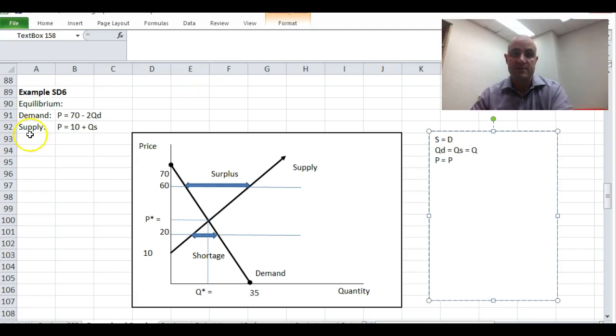If we take the price from the demand equation, 70 minus 2Q is going to equal, from the supply, 10 plus Q. If we add 2Q to both sides and subtract 10 from both sides, we have 3Q equals 60, and so Q equals 20.